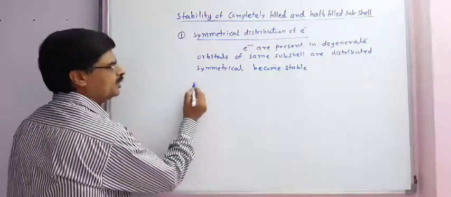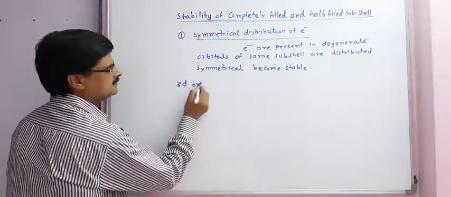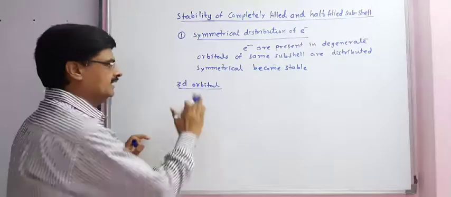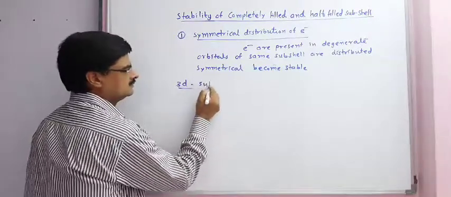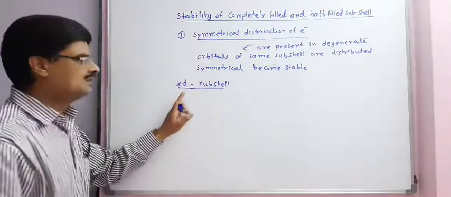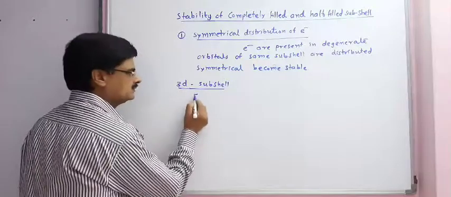Let's take the example of the 3d subshell, which has 5 d orbitals.